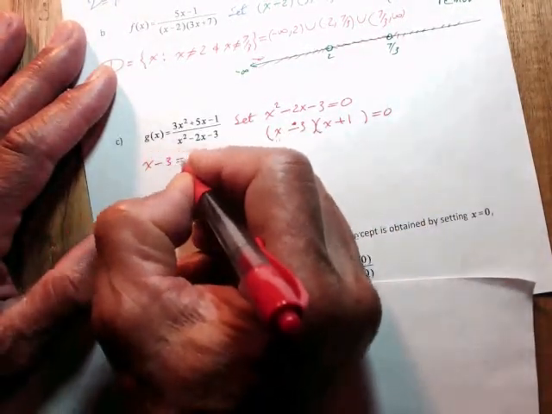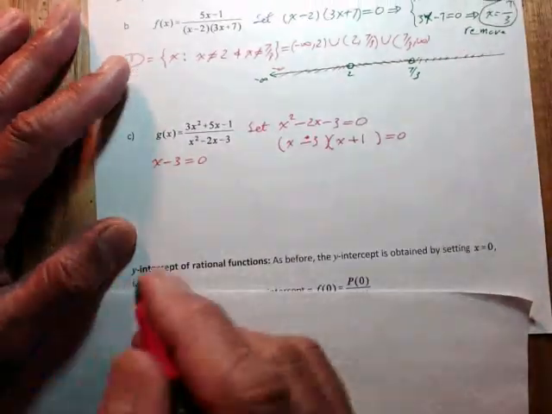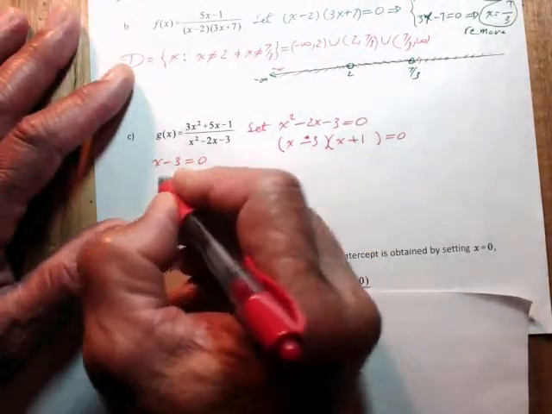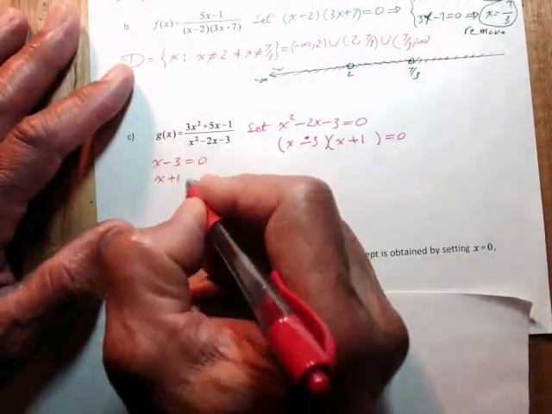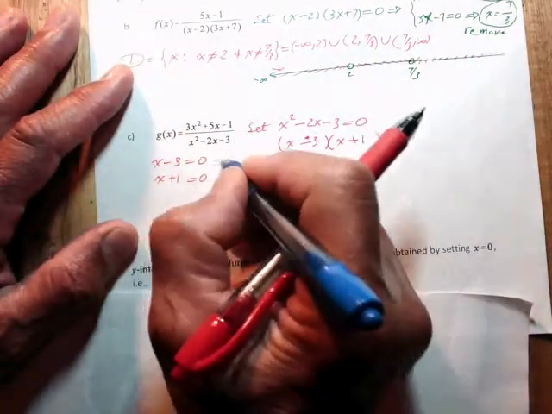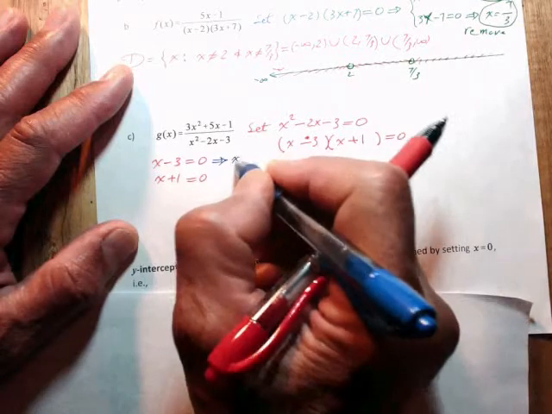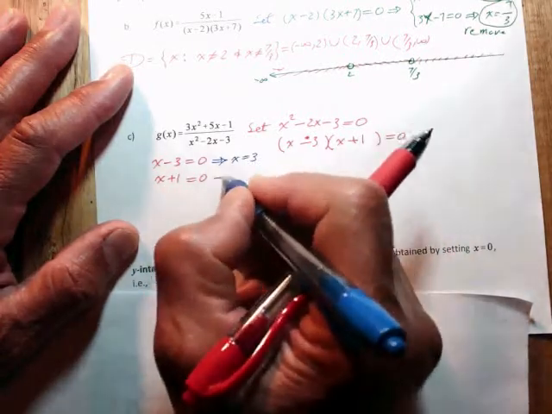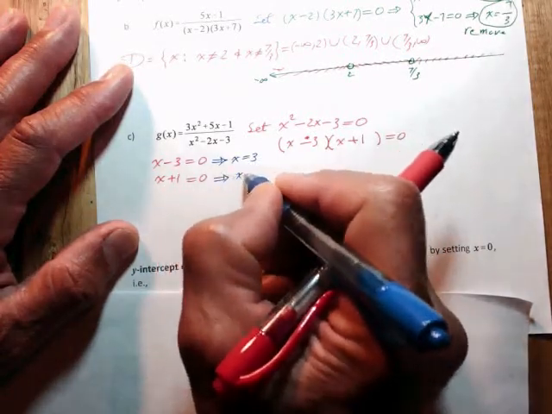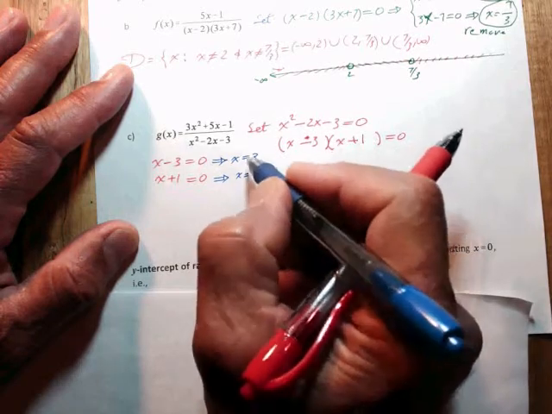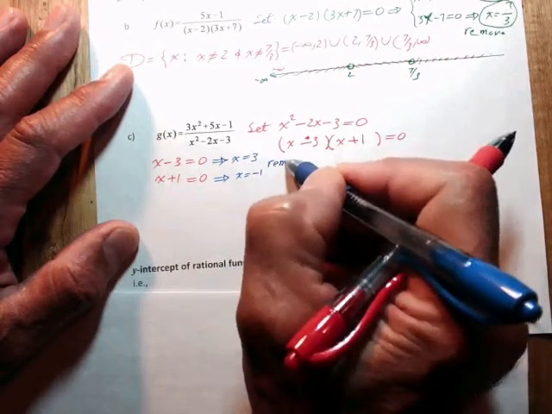x minus 3 equal to 0, and x plus 1 equal to 0. This one would give me x equal to 3, this one would give me x equal to -1. Remove this.